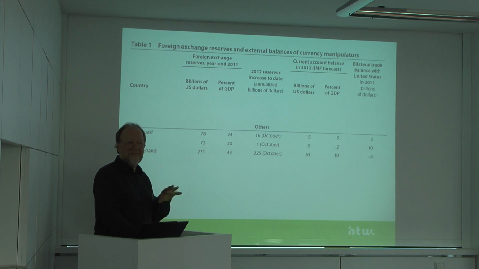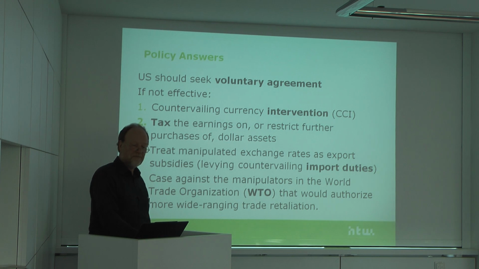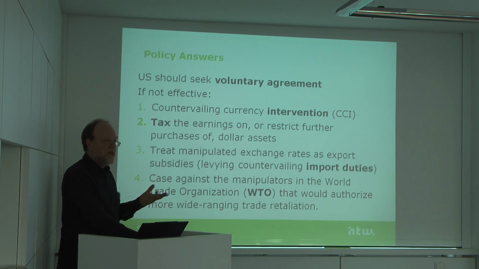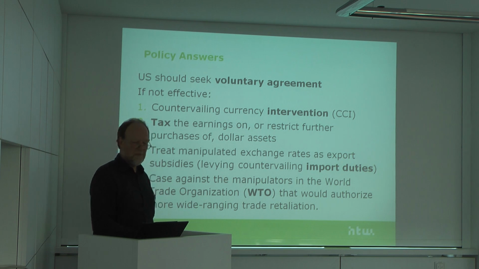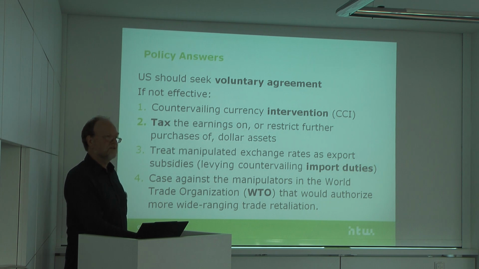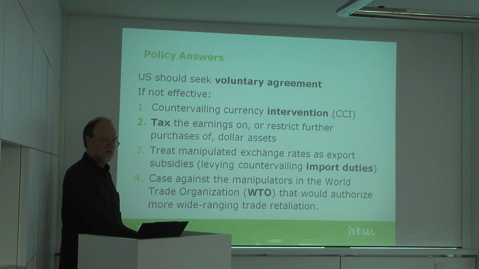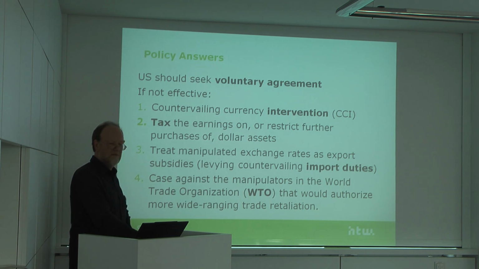But then that group is at least the group where the discussion should focus on, and they make clear policy proposals here. First round, we should try to find voluntary agreements that the countries reduce the surpluses in current account and end the accumulation of currency reserves. If that doesn't work, the United States should make countervailing currency intervention against those countries or currencies.